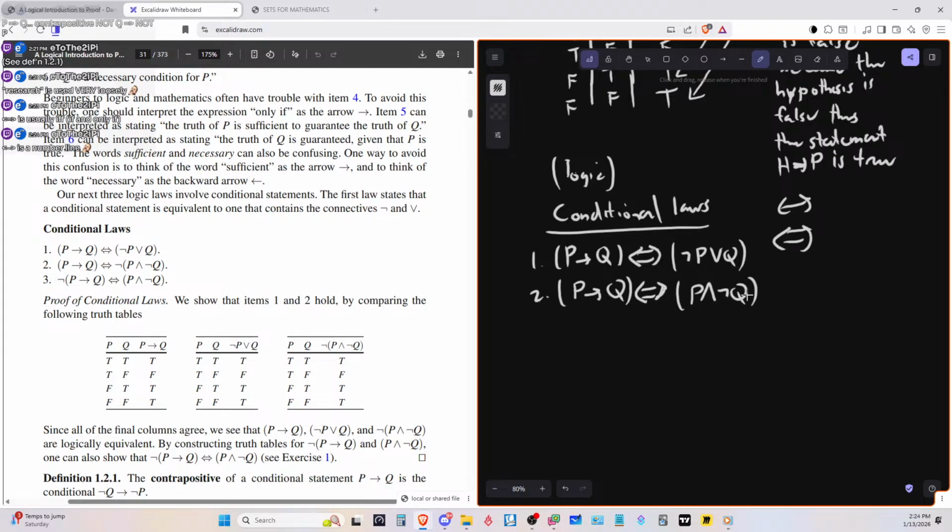Because, no, in this book, they actually use this symbol to identify if and only if statements. That's why I asked.